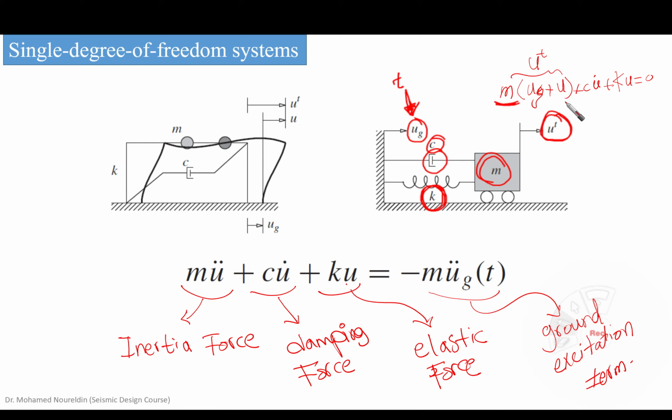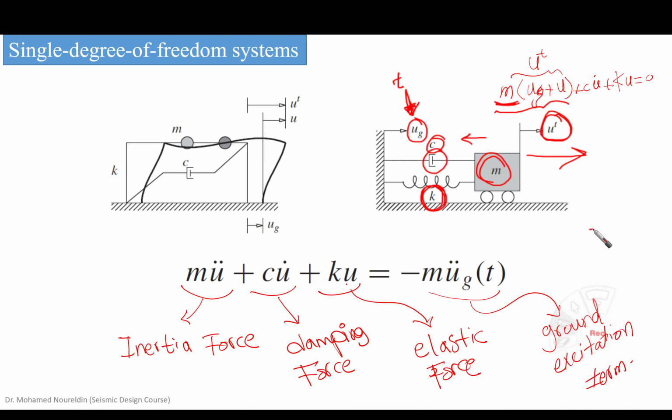So we have here three different forces that are going to define the motion of this mass. The first is, whenever this mass is moving in this direction, there is an inertia force that is going to be induced on this mass in the opposite direction.